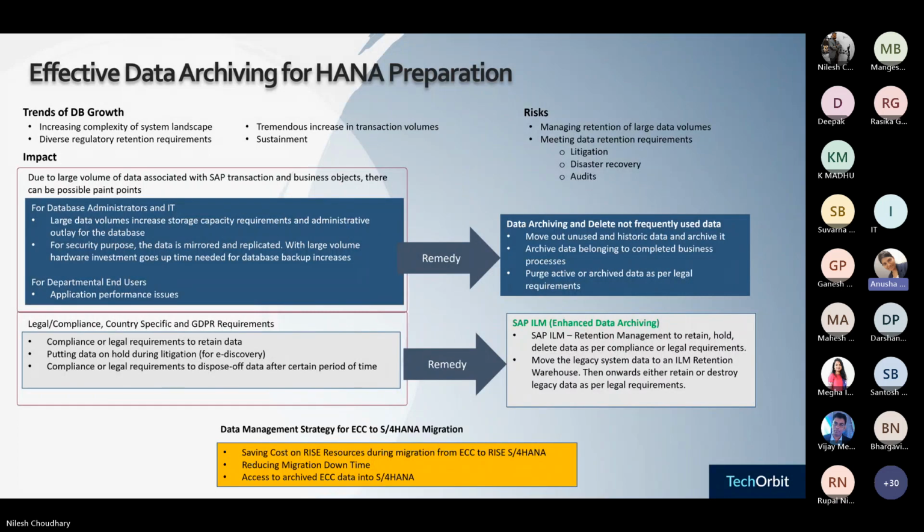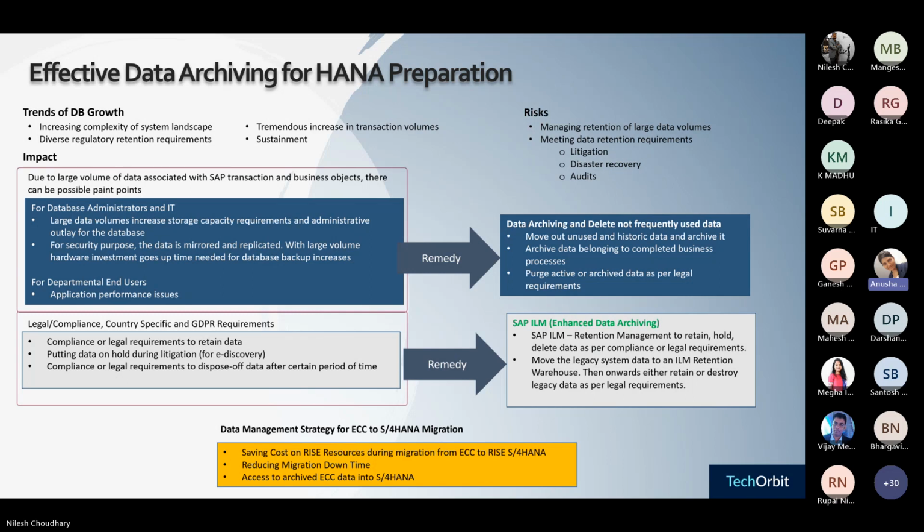If you look at some of the key benefits at the bottom, you can see that we have added data volume strategy for ECC to S4 HANA migration. Some of the advantages are that you can save cost on RISE resources when moving from ECC to RISE S4 HANA, and you can reduce the downtime.